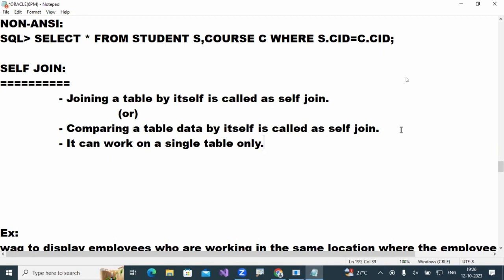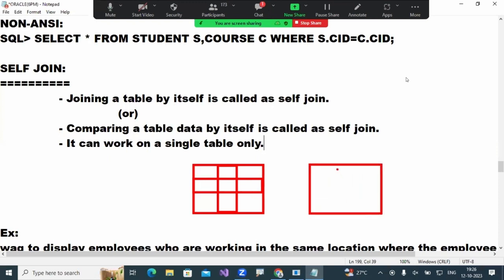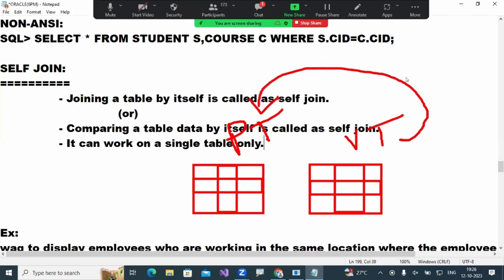But the question is, how to create virtual tables? The concept is that we have only one table, and a table by itself is compared. So we need to prepare a virtual table. This is the physical table, and this is the virtual table; this virtual table belongs to the physical one.